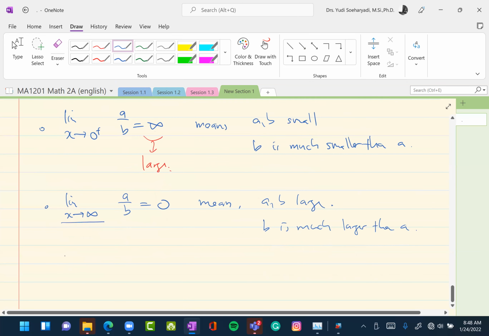And if you put this, if that's infinity, it means A and B are large.